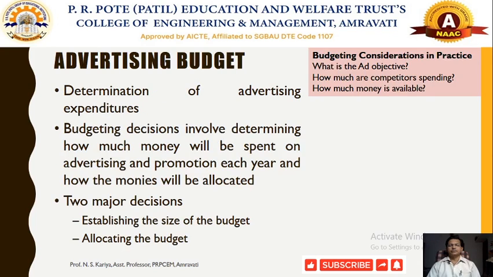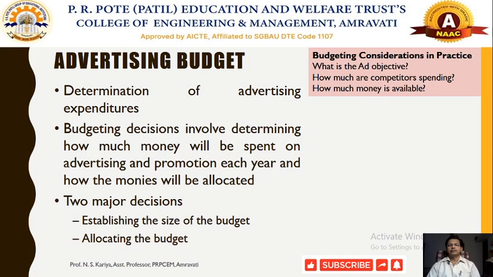So we are going to start a discussion using the topic called advertising budget. When we are talking about advertising, primarily we need to manage the media vehicles appropriately and reduce the cost of advertising.